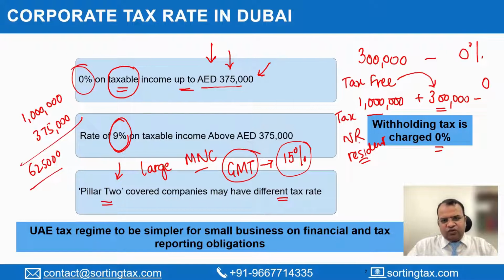And if that is not very, very high, spending too much money on tax compliance would be difficult for them. Therefore, the intention behind the current UAE corporate tax regime is that it has to be simple for smaller businesses, and it should not cost them financially a very, very high amount that is disproportionate to their income.